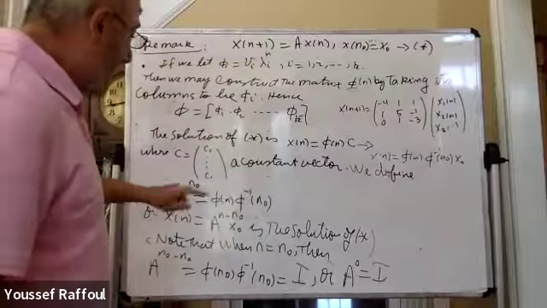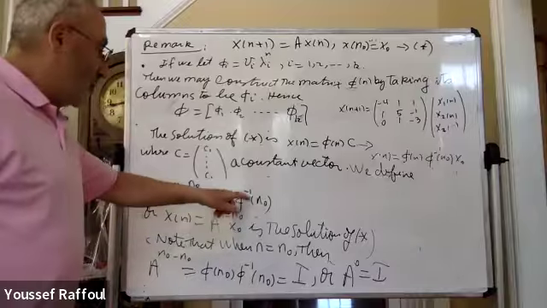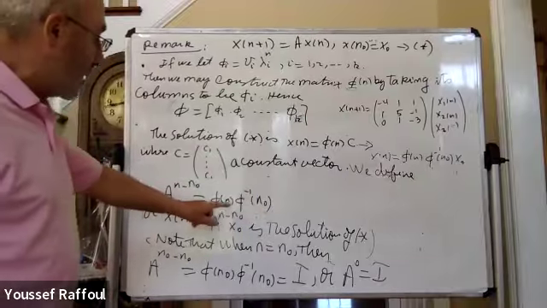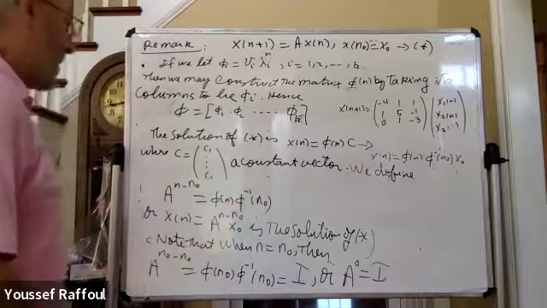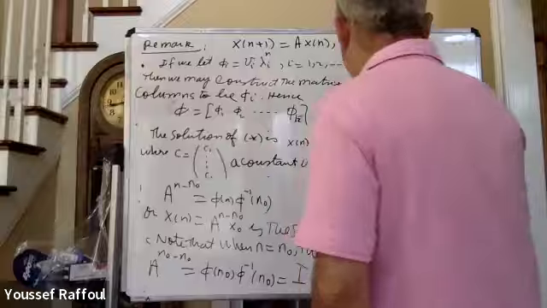You form phi, and then you take phi inverse of n_0 and define A(n minus n_0) equal phi_n phi inverse of n_0, and then that would be the solution.